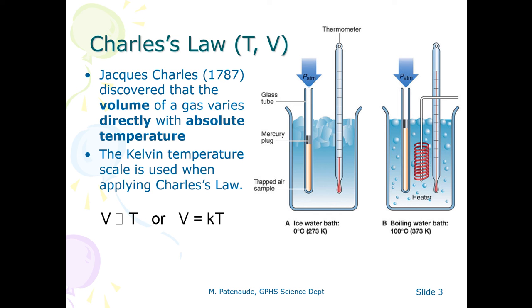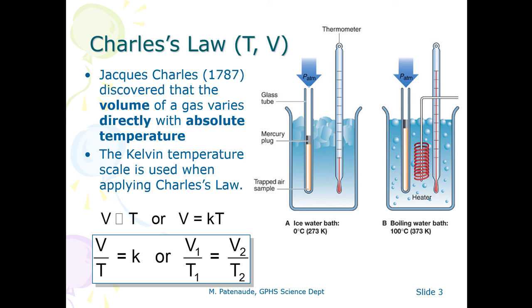To say that there's a direct proportion between temperature and volume means that we can say V is proportional to T, or if you like, T is proportional to V. And to change that into an equation, we just put a constant in. So V equals KT. That, of course, looks like the equation y equals mx, and that explains why our graph of V versus T was a straight line.